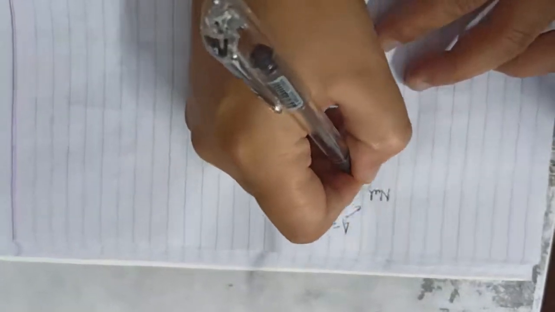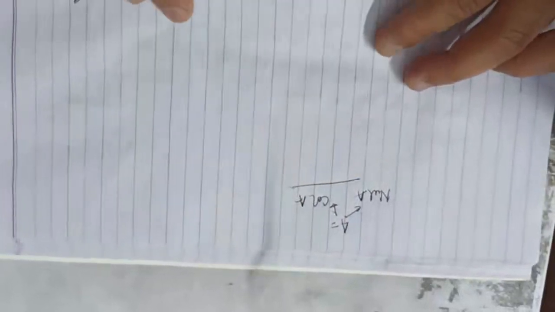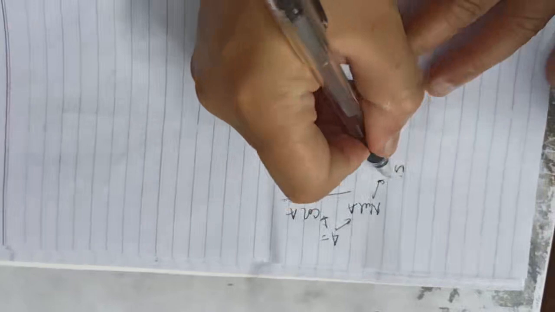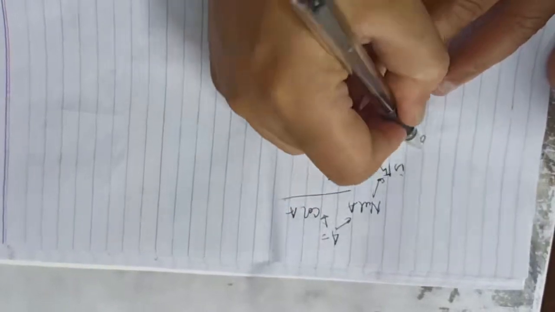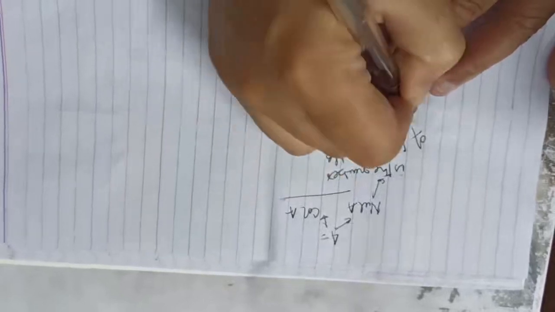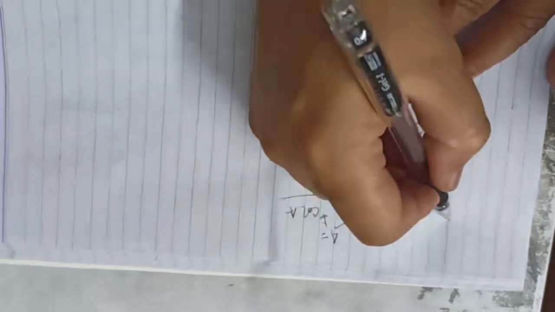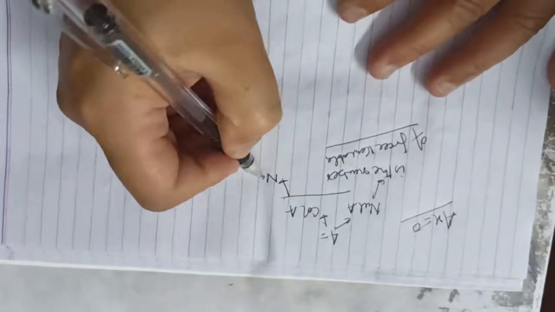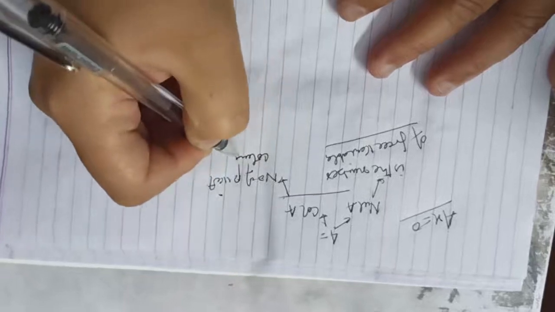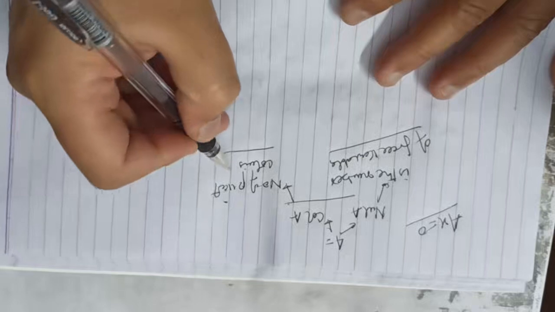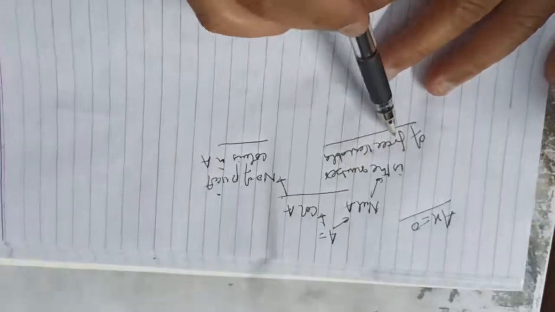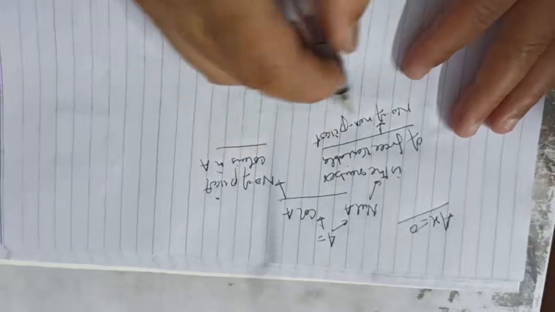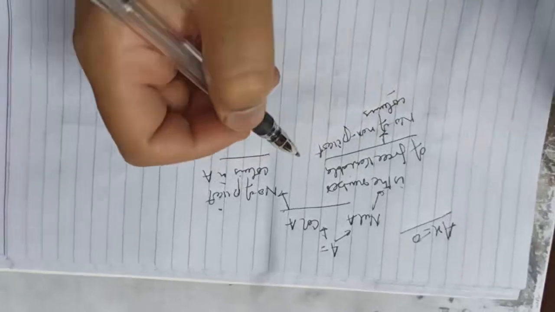One is called the null space of A, and one is called the column space of A. We know that the dimension of the null space of A, as from earlier lectures, is the number of free variables that you have when solving Ax equals 0. Similarly, the dimension of the column space of A is the number of pivot columns in A. So effectively the number of free variables is equal to the number of non-pivot columns, because only those columns' corresponding entries will generate the free variables.